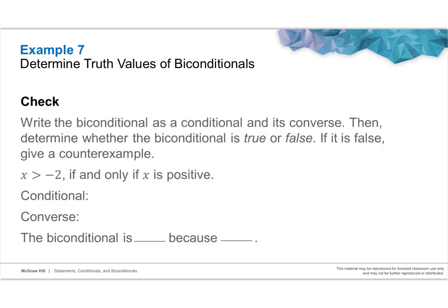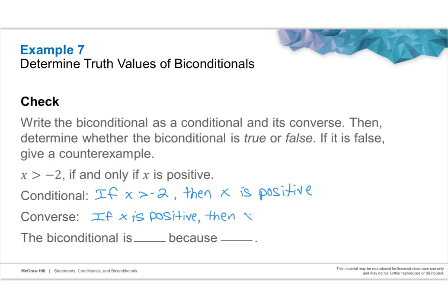The first conditional would say, if x is greater than -2, then x is positive. Our converse would flip that around and say, if x is positive, then x is greater than -2.